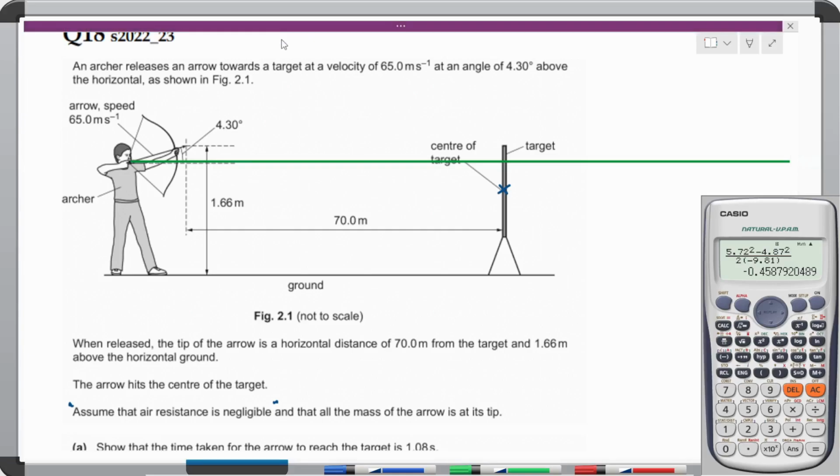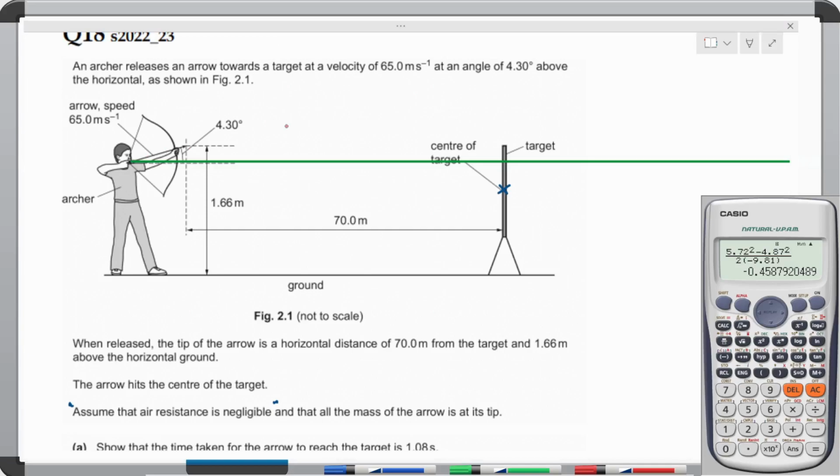If it had covered a distance of plus 0.459, the same one but with the positive sign, then that would have implied that the projectile is above this line, that much of distance above this line. But the negative sign tells you that the projectile is downwards, on the lower side of the reference point. The sign of the displacement tells you the position of the object with respect to the reference point. So negative means it is below this point.